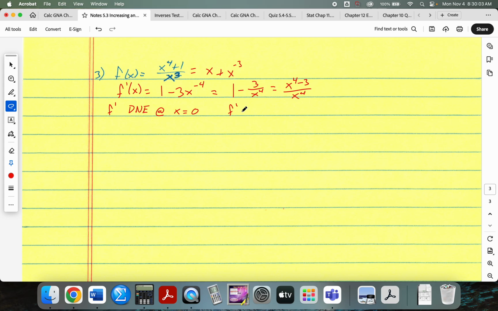And f prime of x is equal to 0, well, that means that x to the fourth minus 3 has got to be 0. So x to the fourth is 3. So x is equal to plus or minus the fourth root of 3. Icky.